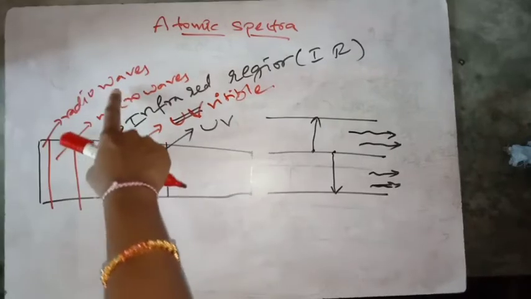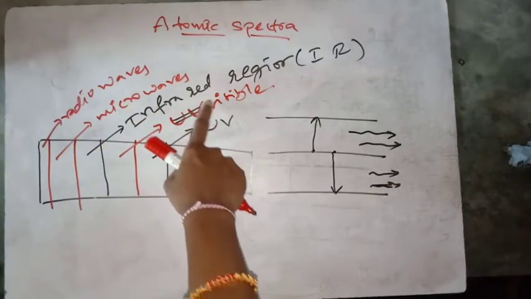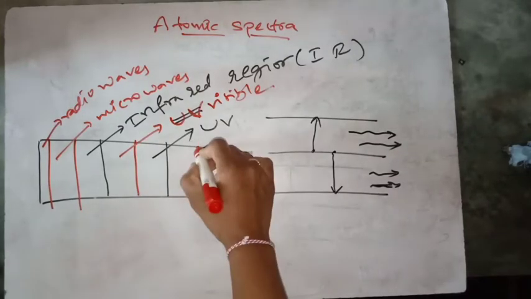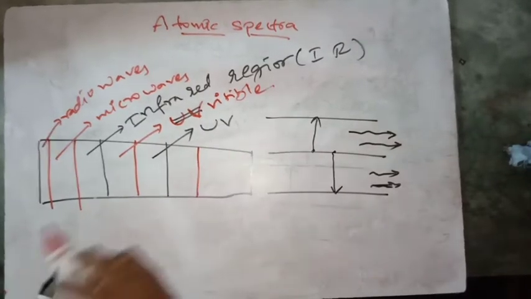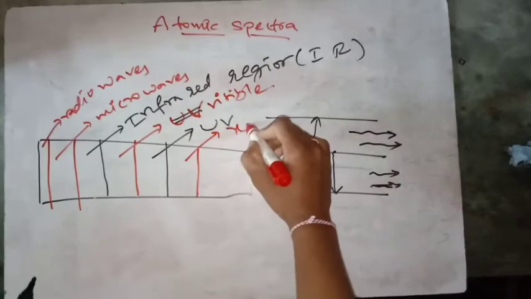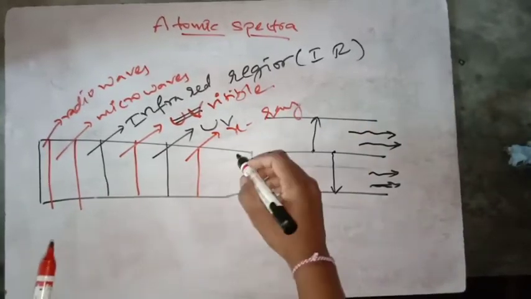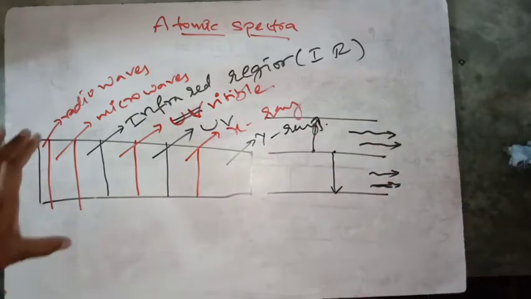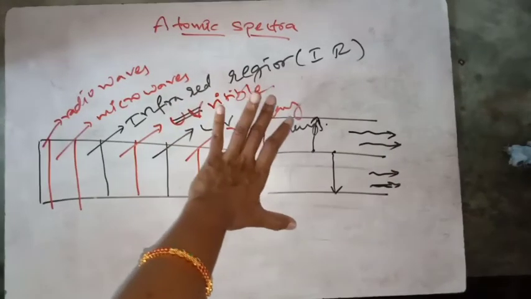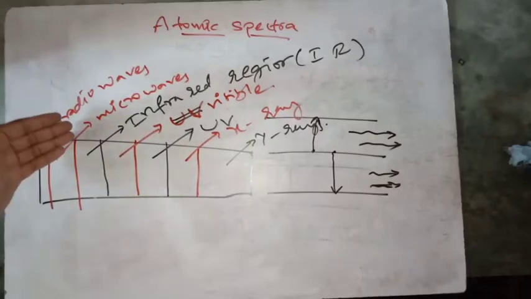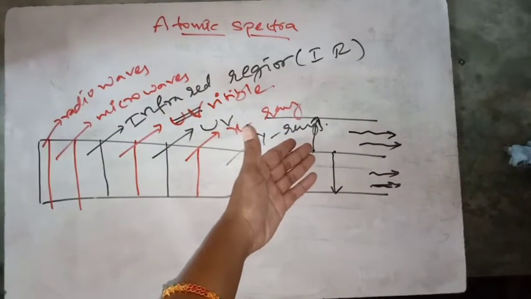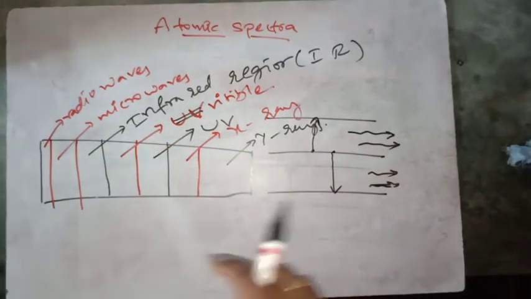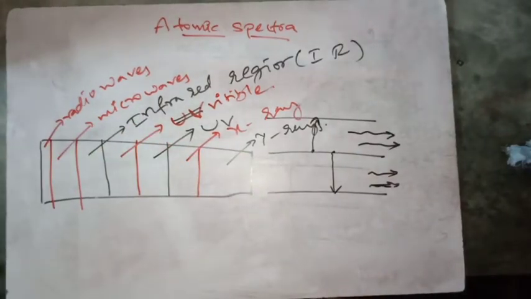First of all radio waves, microwaves, infrared region, visible region, UV region, and then X-rays and gamma rays. This complete set of wavelengths, from radio waves to gamma rays, is known as electromagnetic radiation. Okay, Nana?